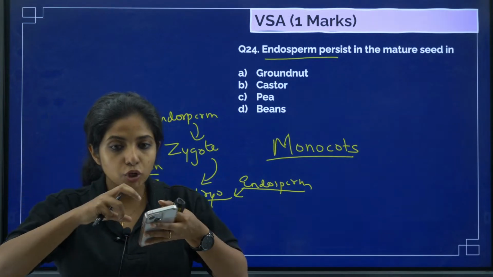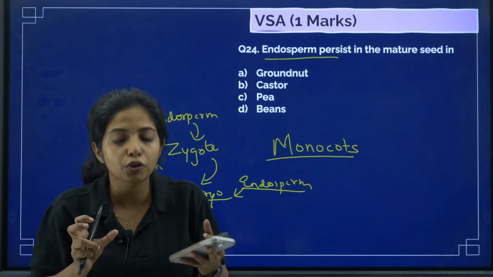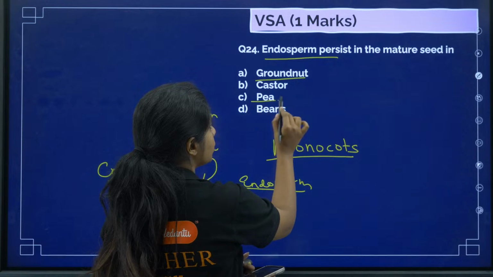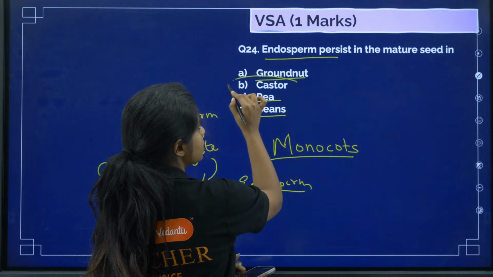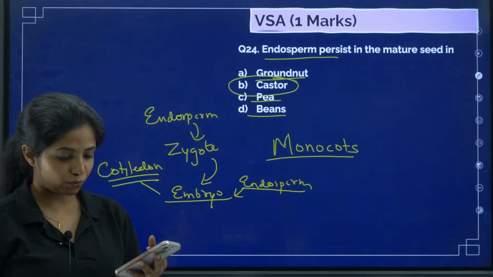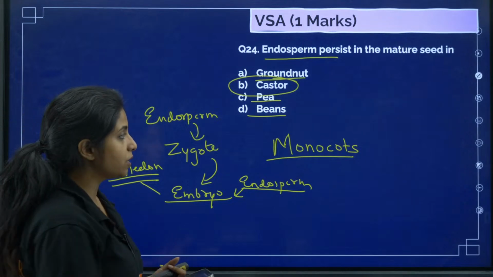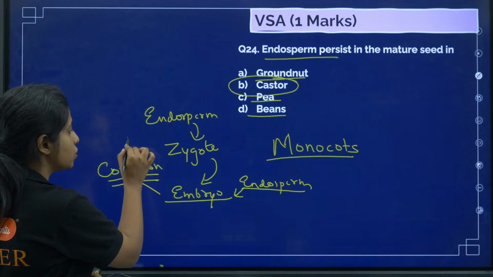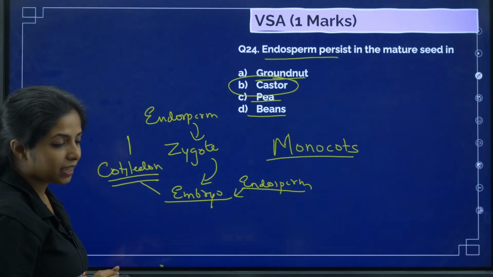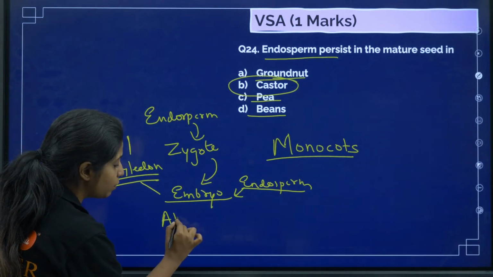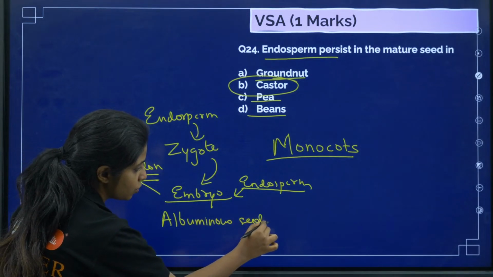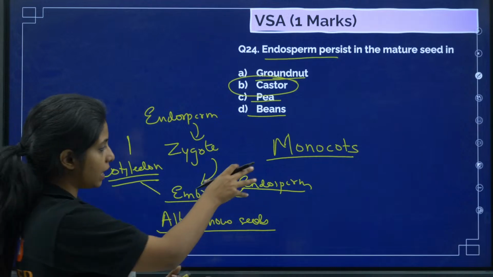Any seed which you cannot break into two is a monocot. Groundnut, pea and beans you can break into two, but castor is not something you can break into two, so this is a monocot. Monocots still have some endosperm left back, and you call them albuminous seeds.